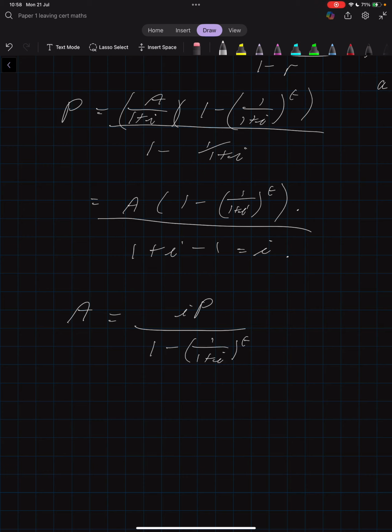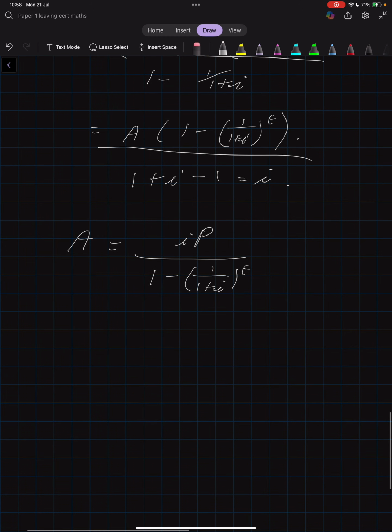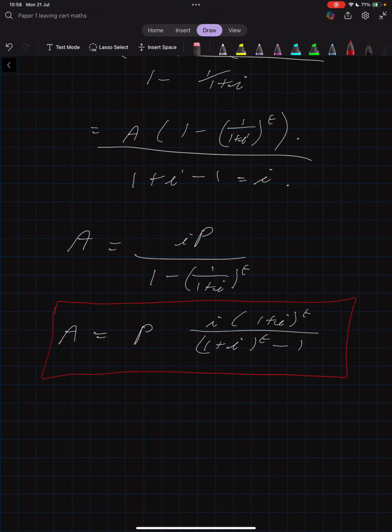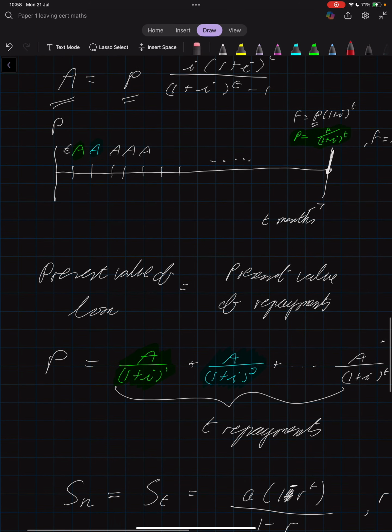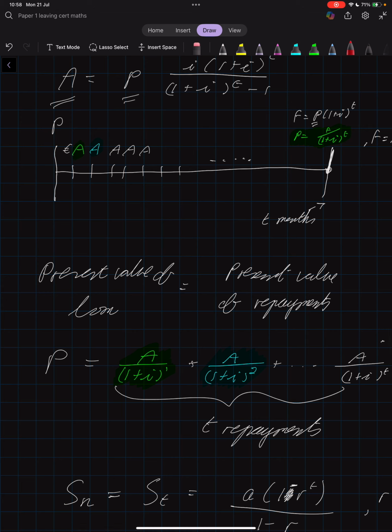Multiply the top and the bottom by 1 plus I to the power of t, I get A is equal to P into I into 1 plus I to the power of t all over 1 plus I to the power of t minus 1. And that's the formula that we had. So that's basically what this formula is calculating, and that's why it's the way it is. All right, fantastic. So that's kind of that.